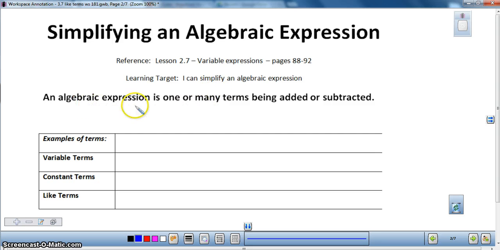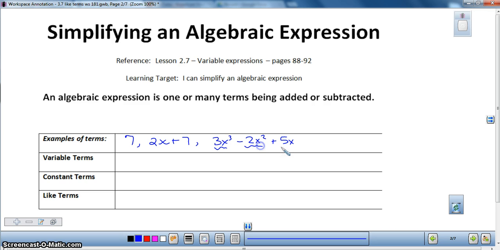Simplifying them. An algebraic expression is one or many terms being added or subtracted. So some examples of terms. A term could simply be a number. That's our constant. It could be something like 2x plus 7. An example of terms could be something like 3x to the third minus 2x squared plus 5x.